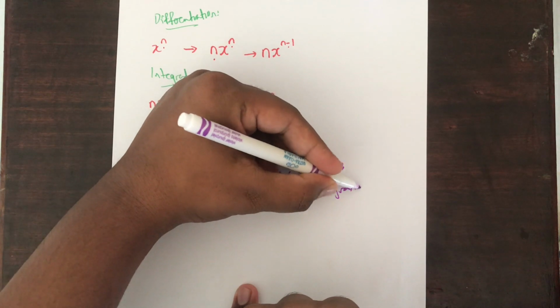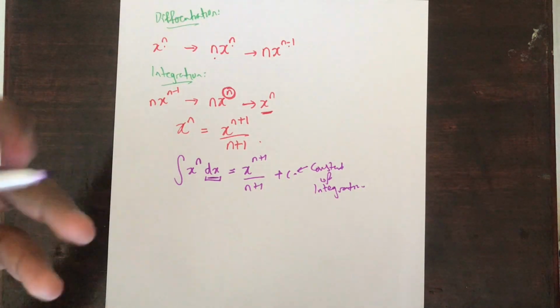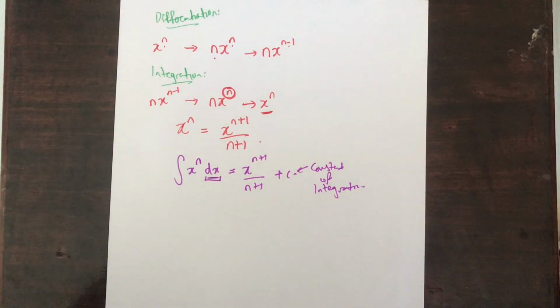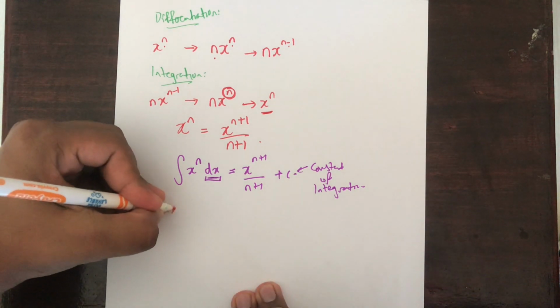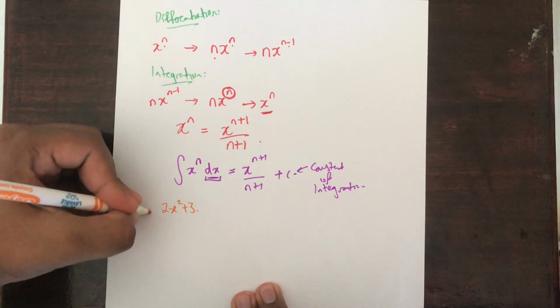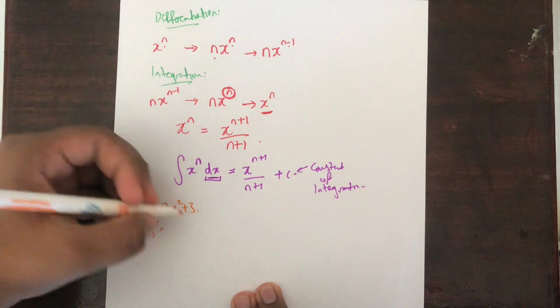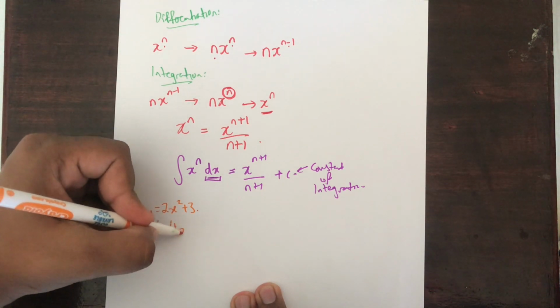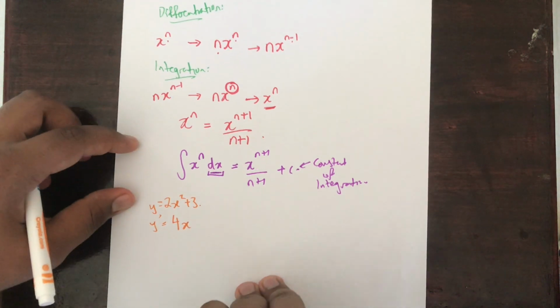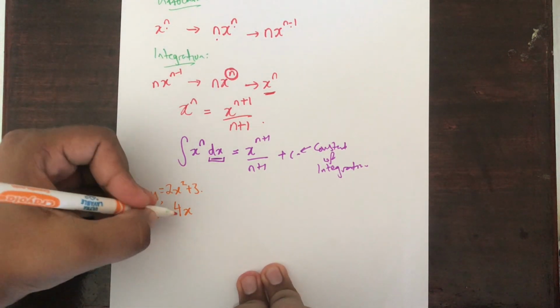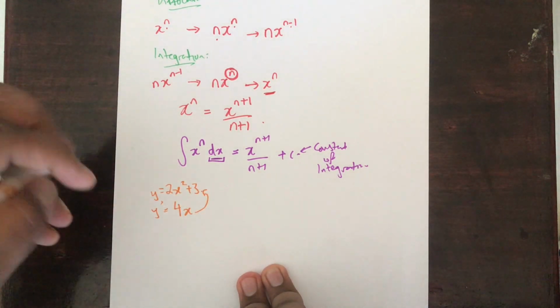Now let me tell you what the constant of integration means. Suppose you have something like 2x squared plus 3 and you want to differentiate it. You will realize that this is equal to 4x. Now to integrate it, you need to make sure that the 4x becomes 2x squared plus 3.